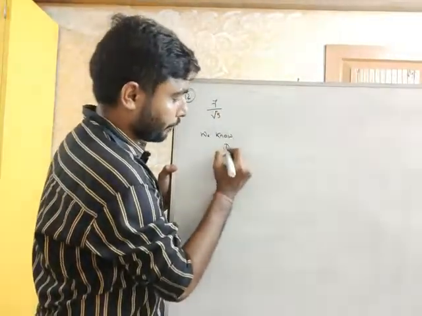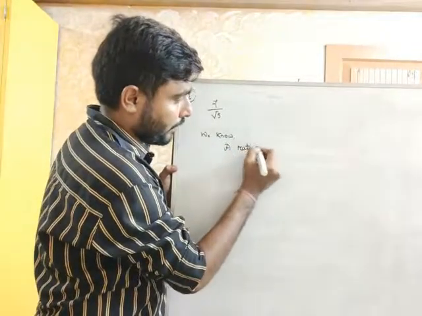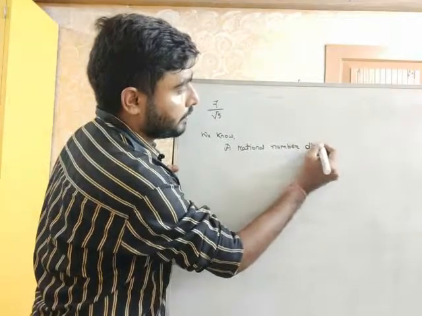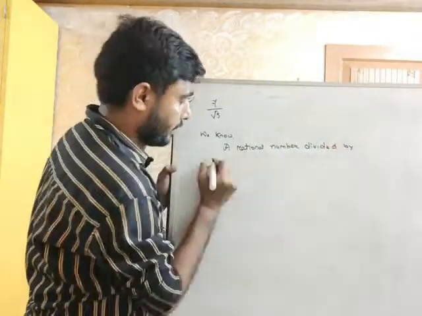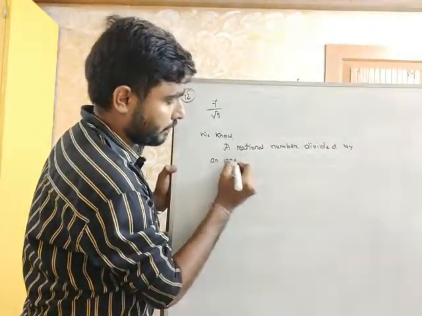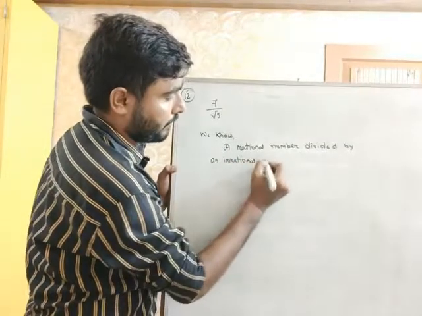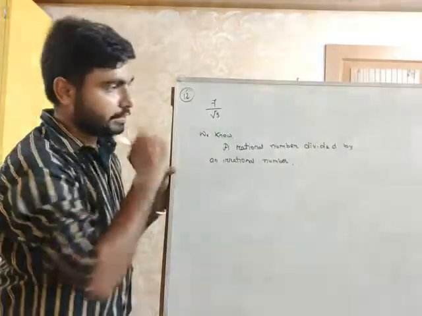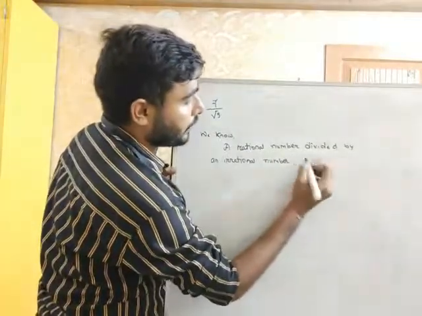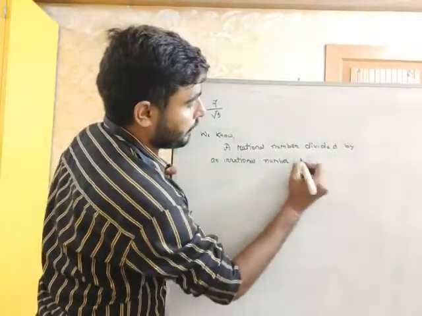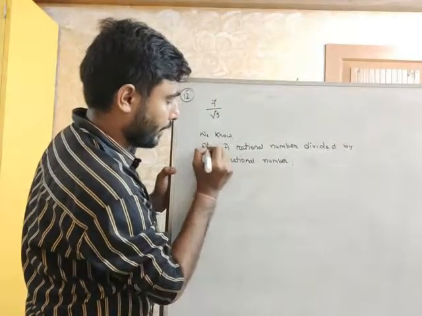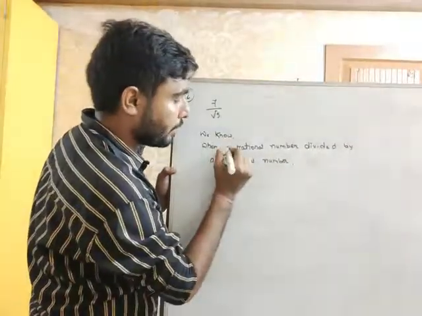We know a rational number divided by an irrational number will be irrational.